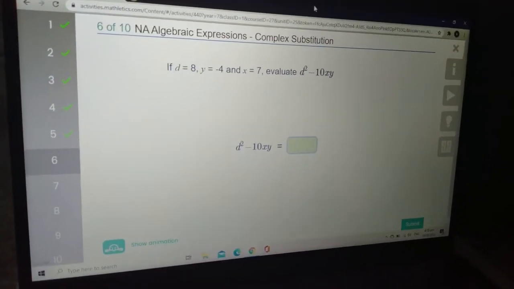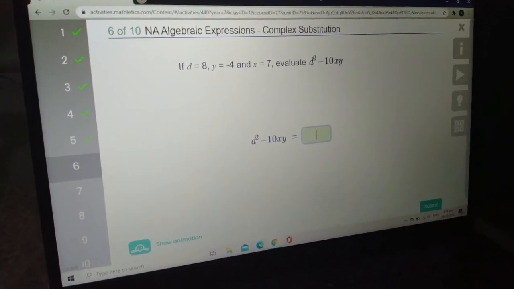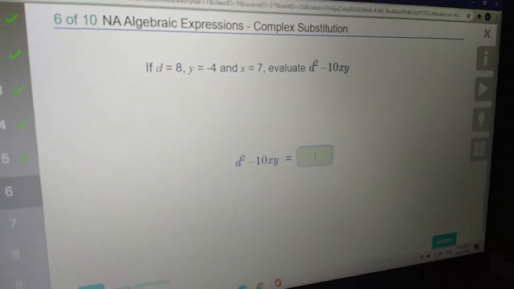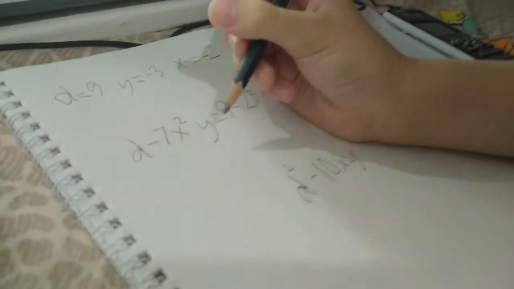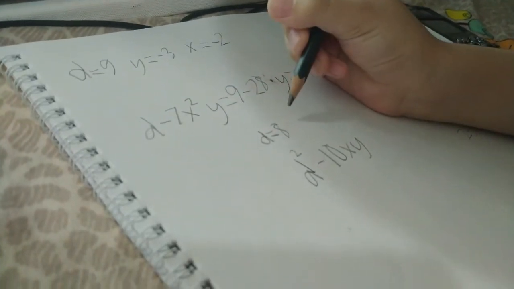Okay, d squared, but it's nearly the same. It only has the same d squared, but the xy is still there. This time d is 8, and y is negative 4.